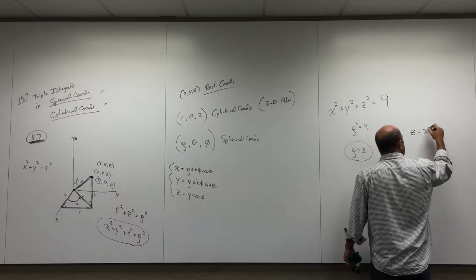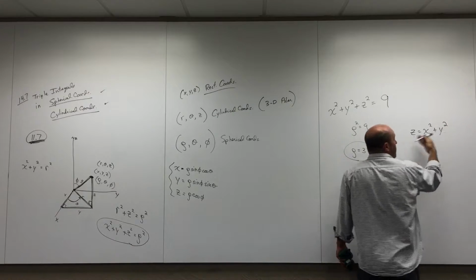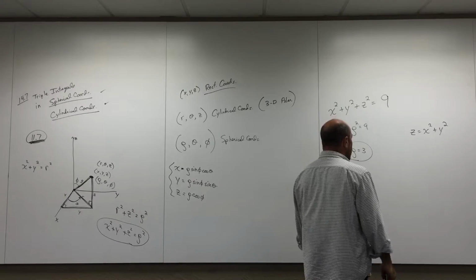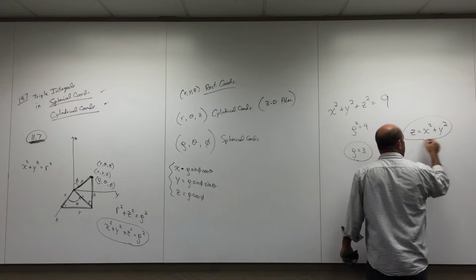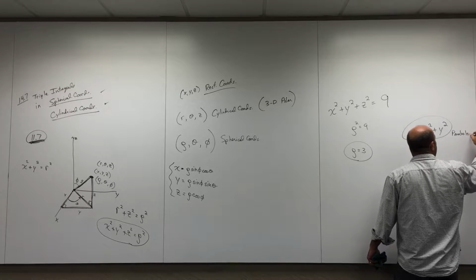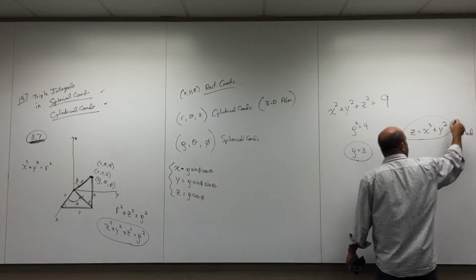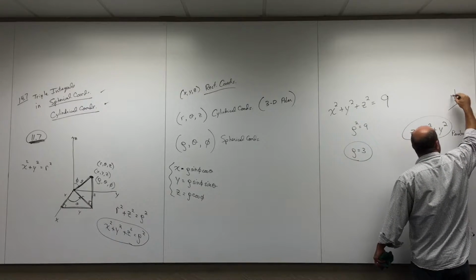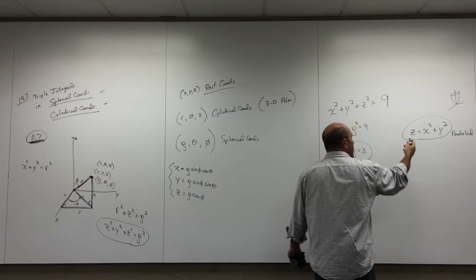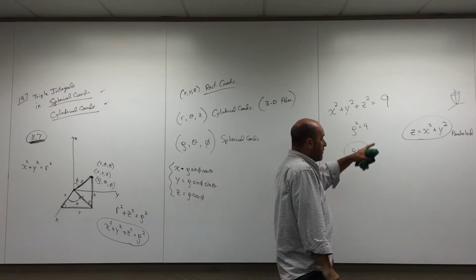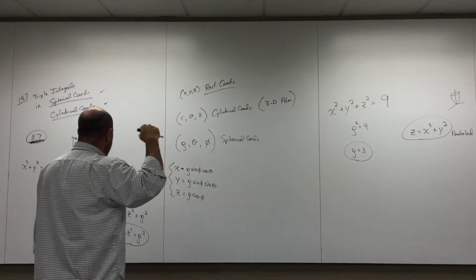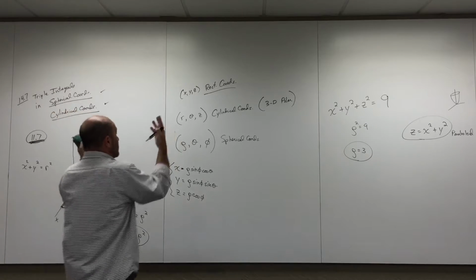Z equals x squared plus y squared is a paraboloid. Let's convert this paraboloid. This is called a paraboloid in rectangular coordinates. It's a very basic, nice, circular paraboloid. Let's convert it to cylindrical.